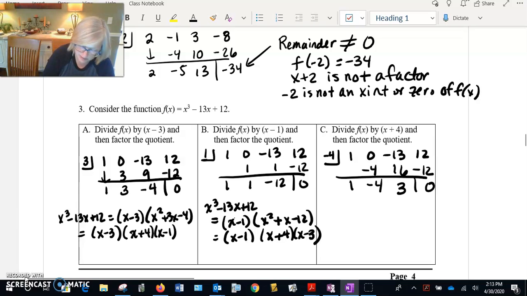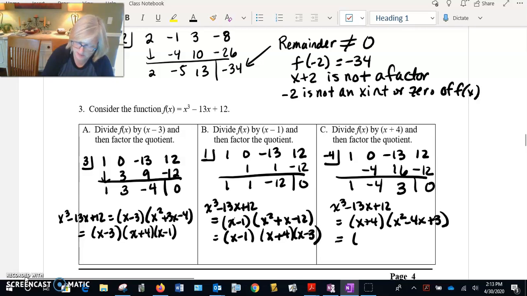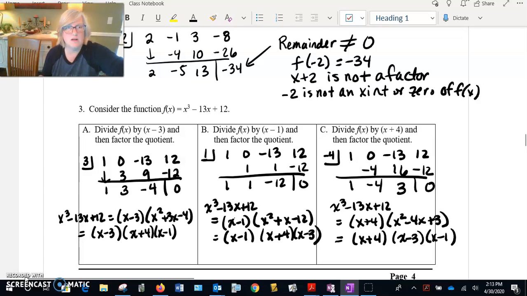So here our x cubed minus 13x plus 12 was x plus 4 times x squared minus 4x plus 3, and you guessed it, that is going to factor to x minus 3 and x minus 1, and we still get the same three factors, so it works out that way. And again, what are the zeros? The zeros are 3 and negative 4 and 1 based on that.